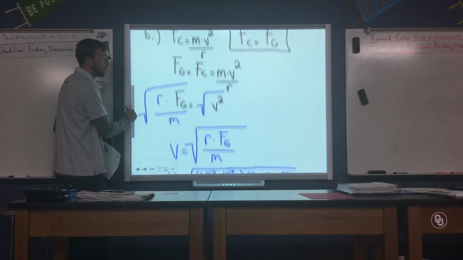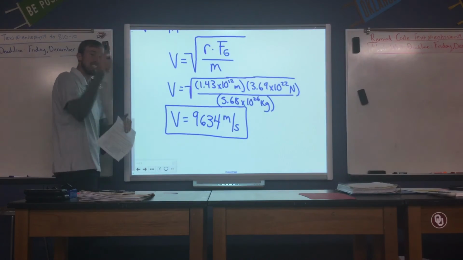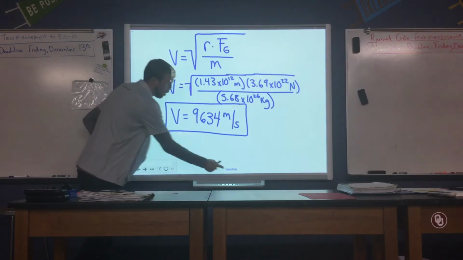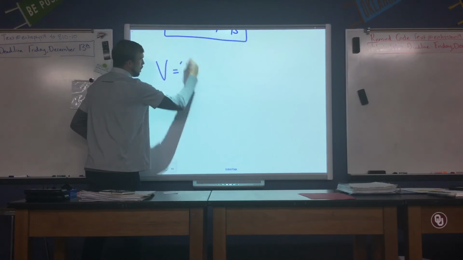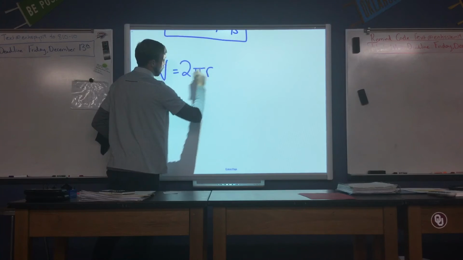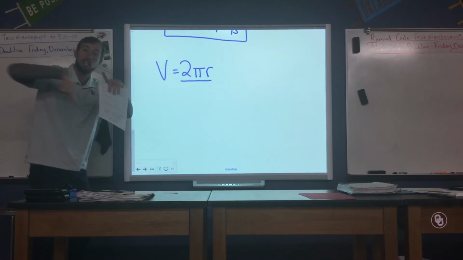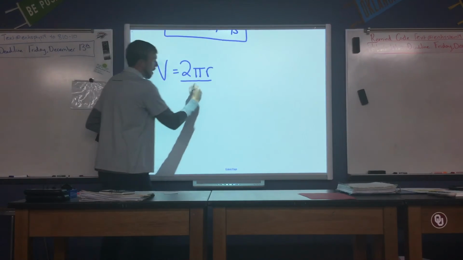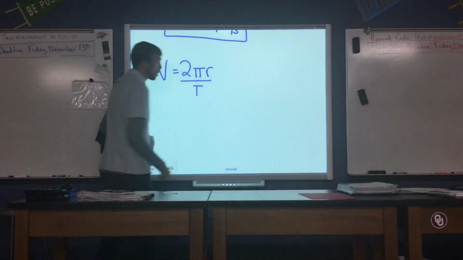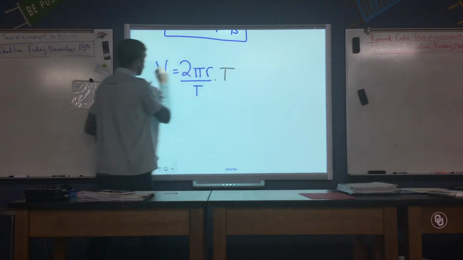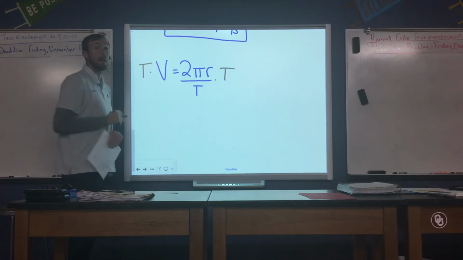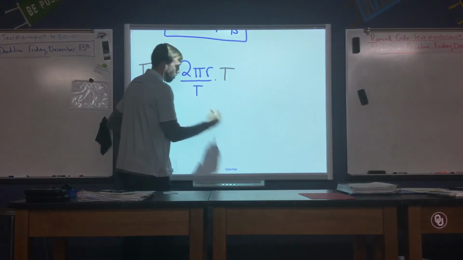But now that we know its velocity, we also know the radius of its circle, we actually have a way to relate those terms. The velocity of an object moving in a circle is 2 pi multiplied by the radius of its entire circular path divided by the time period. So the period term by itself, which is what I would probably do here, I can multiply my time period up to the numerator of my equation.